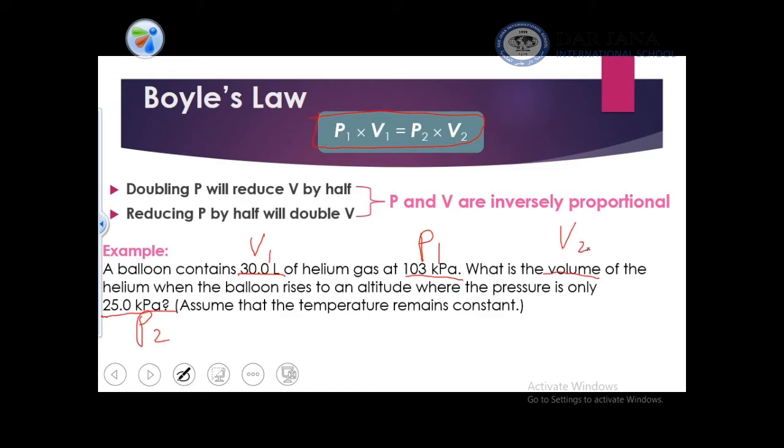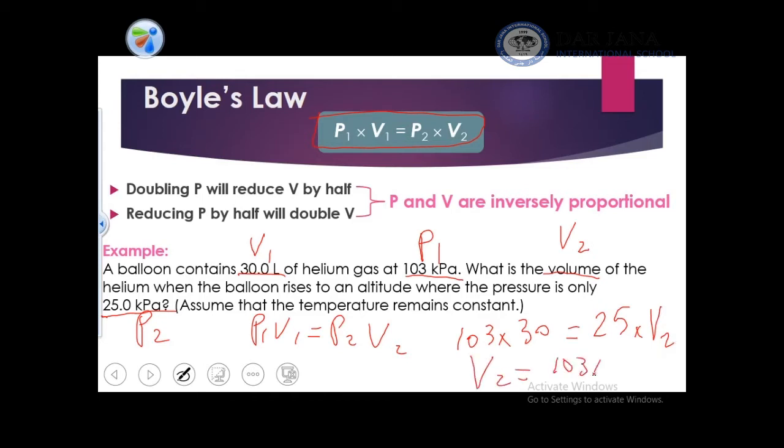According to Boyle's law, P1 V1 equal P2 V2. So by substitution, P1 is 103, V1 is 30, P2 is 25, and V2 is the X. By applying the shift solve, you can get the result, which is V2 equal 103 times 30 over 25.